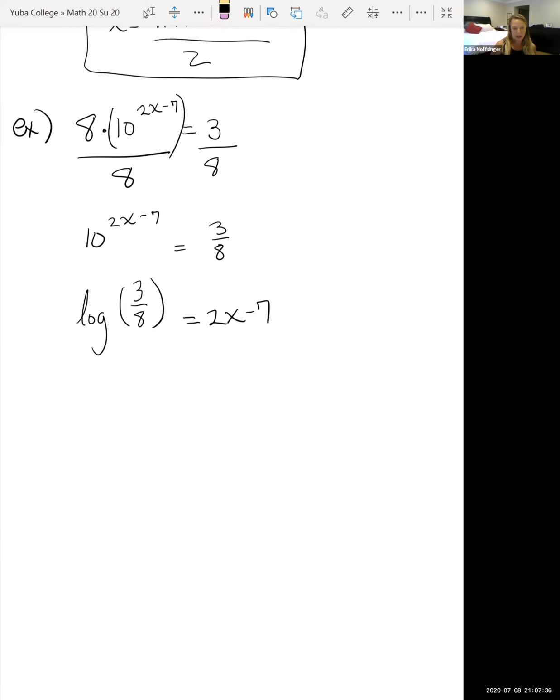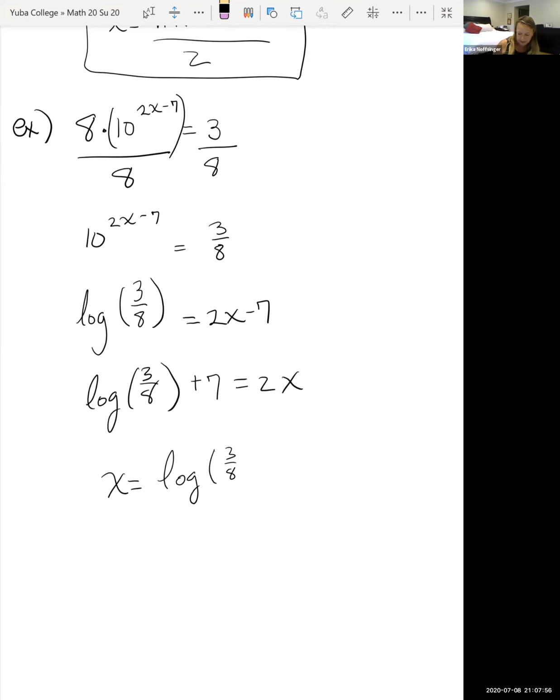And so now I want to get x by itself. If we add 7 to both sides, we get log of 3/8 plus 7 equals 2x. And now divide everything through by 2. So x is equal to log of 3/8 plus 7, all divided by 2.